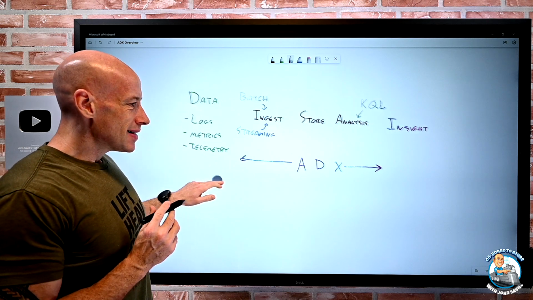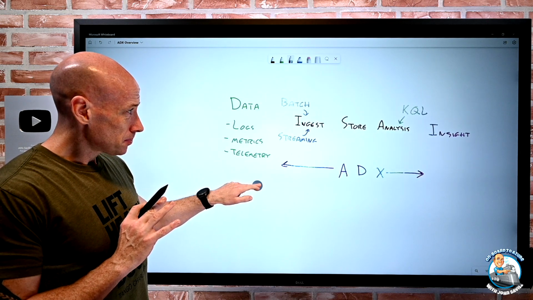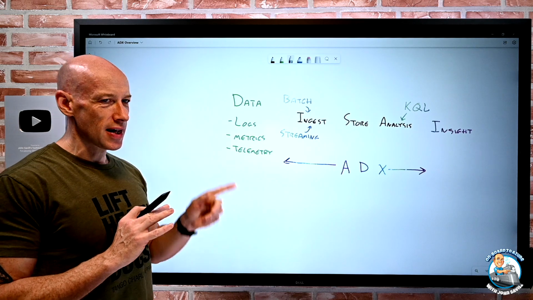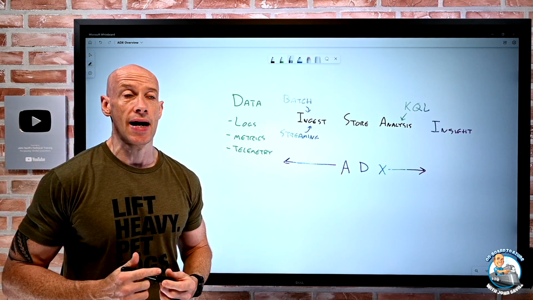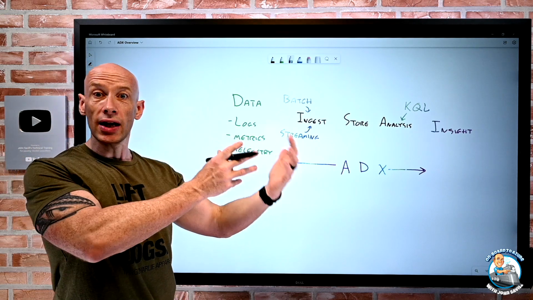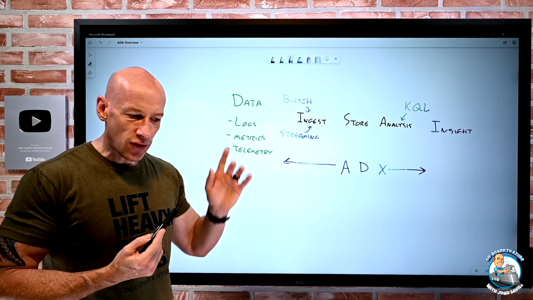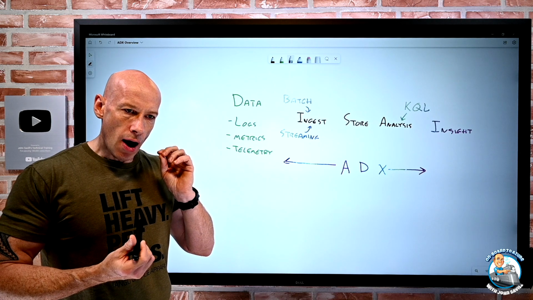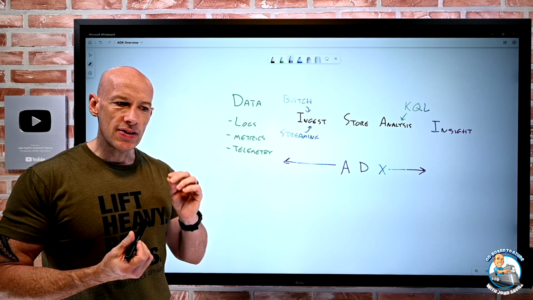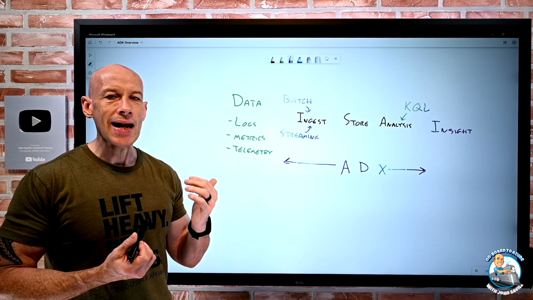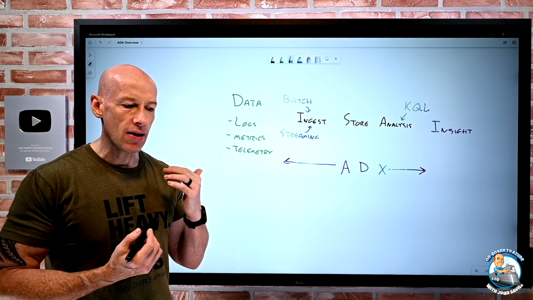Now, I want to take a little bit of a step back for the types of data, because obviously there's many other data services in Azure. There's relational databases, there's data warehouse, so where does this fit? I really think of this as when I have some time series analytics as the primary focus.